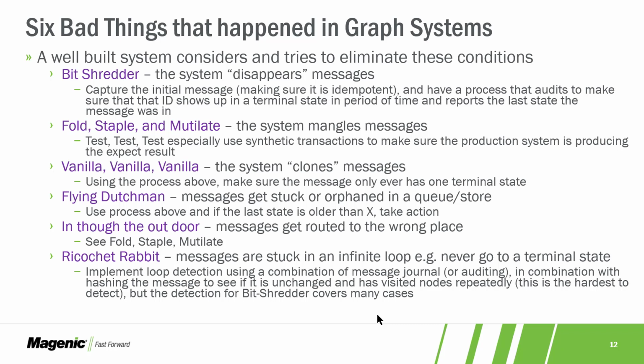So the most obvious one is bit shredding, right? We go through and the message just disappears or the data just disappears. And that's not unrelated to the next one, which is where the system, because it is transforming or enriching the messages, mangles them. And the result is the mangled message is unprocessable.